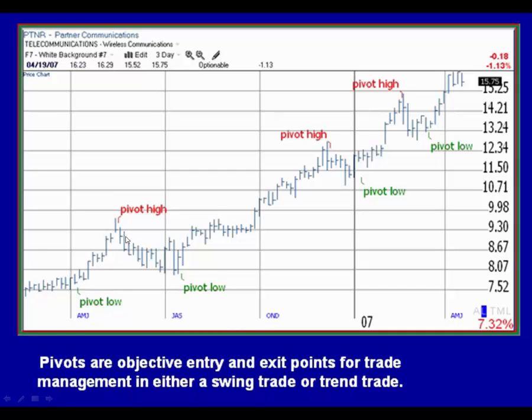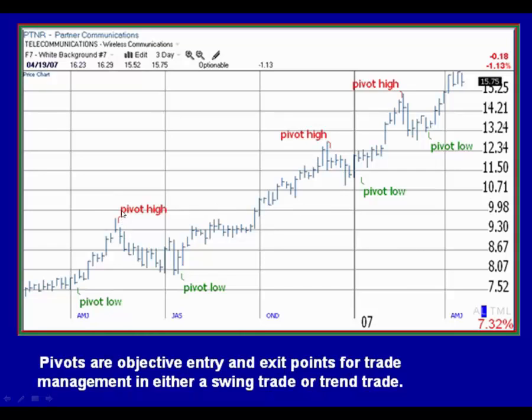Pivot highs can be used as exits. Again, once we get ourselves to a risk-free point, as long as price is moving higher and there's no pivot high in place, then we want to hopefully continue to hold that position as long as the market will allow us.